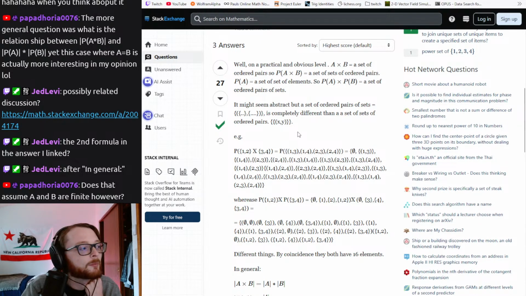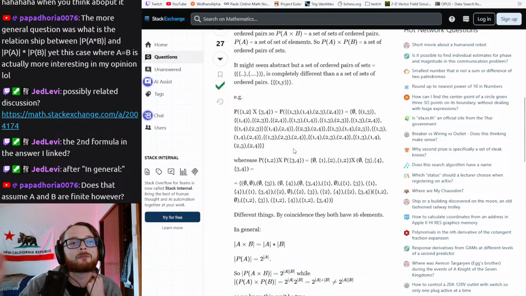Are you doing the power set of an infinite set? Unless you're doing aleph stuff, right? Or ordinals, infinite ordinals.